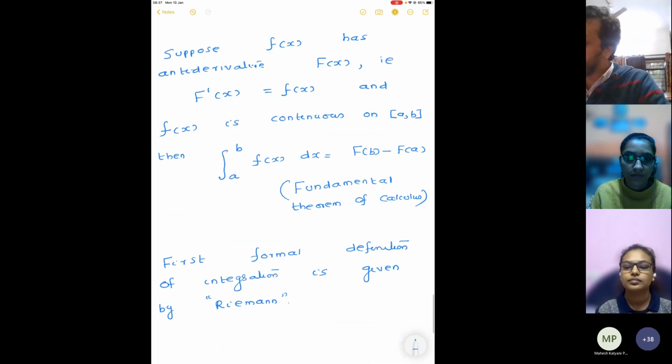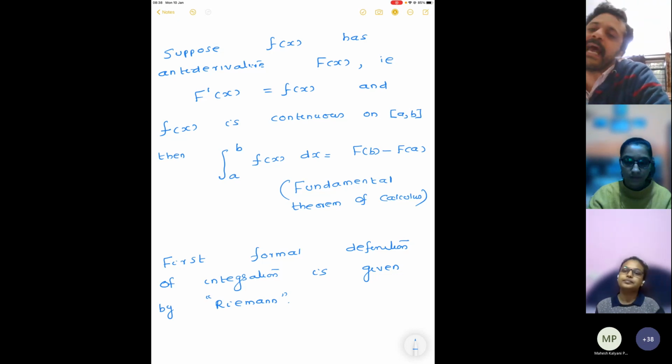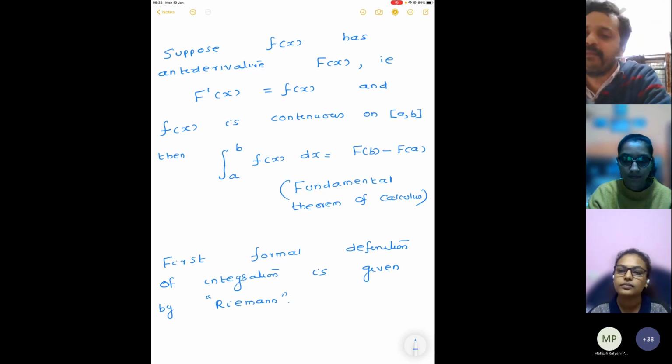Now again, let me go back. I told you that integration is not antiderivative, and K.D. Joshi compares it with two concepts: limit of f of x as x tends to c, and f of c. They are equal, but not always, only under certain conditions, right?